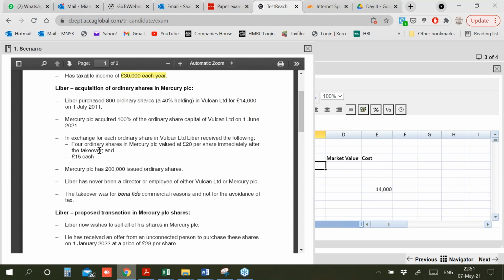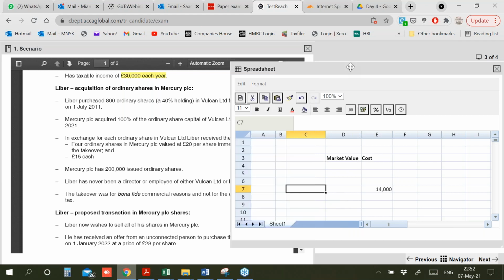Do remember that we can see here that as a result of the takeover, 4 ordinary shares in MPLC have been received for every share. So if I had 800 shares, I would have received 800 times 4, that is 3,200 shares, and every share after the valuation was worth 20.